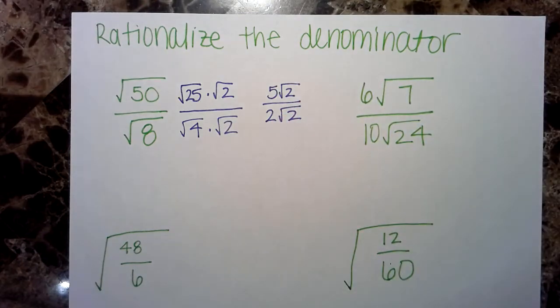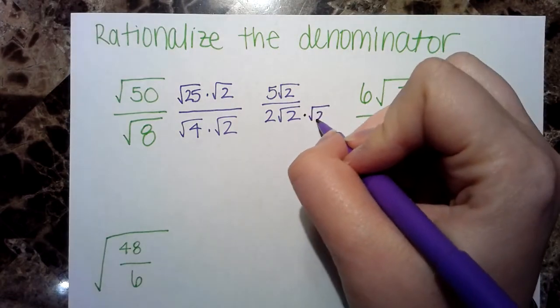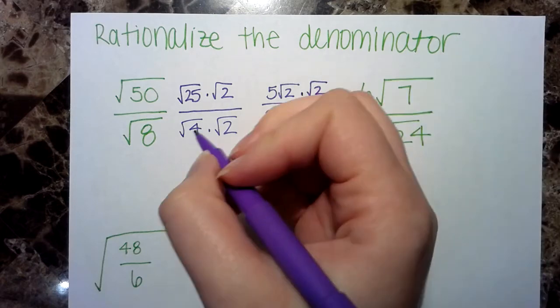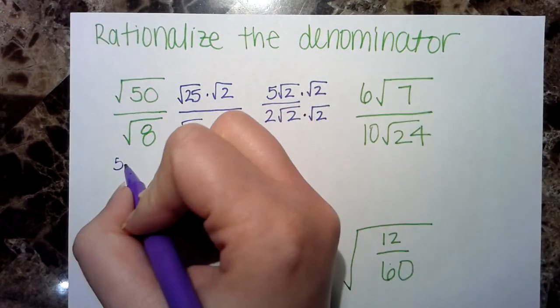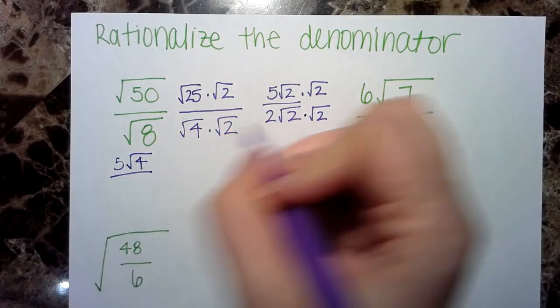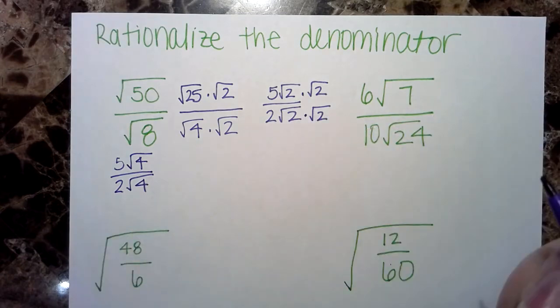Now, with rationalizing the denominator, you cannot have a radical in the denominator. So what I'm going to do is multiply by the square root of 2 on the top and the bottom. That's going to make it 5, so I'm going to do 2 times 2 is 4. So square root of 4 over 2 square root 4, because 2 times 2 is 4.